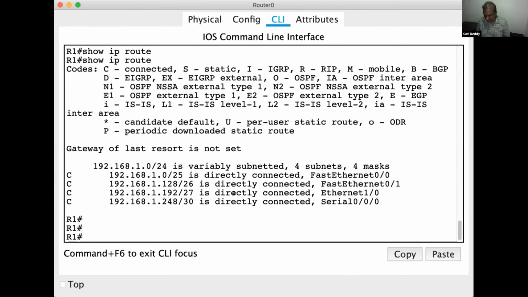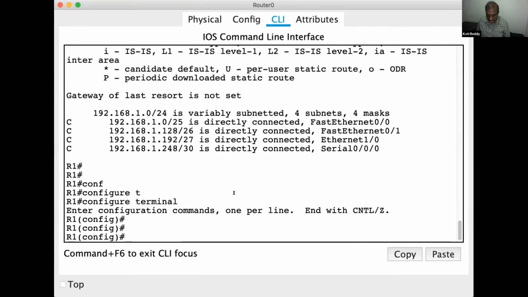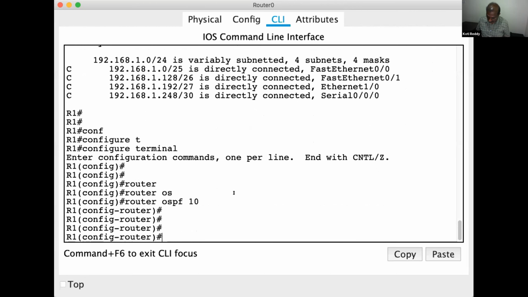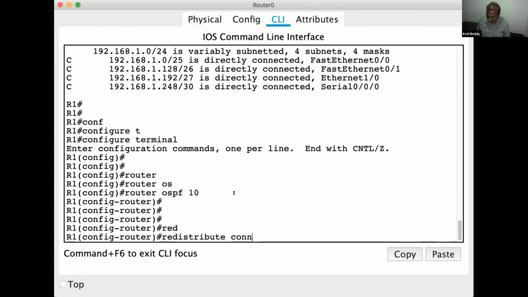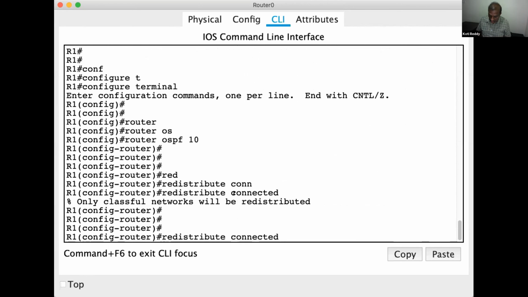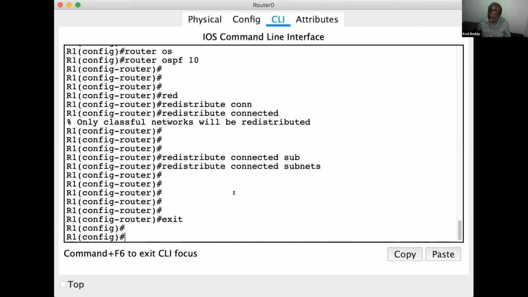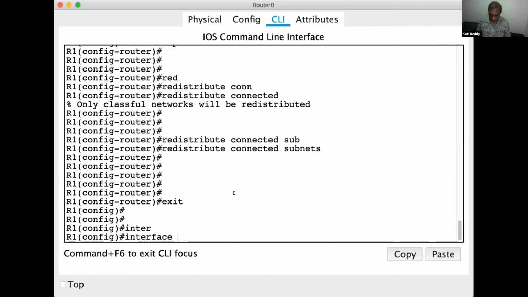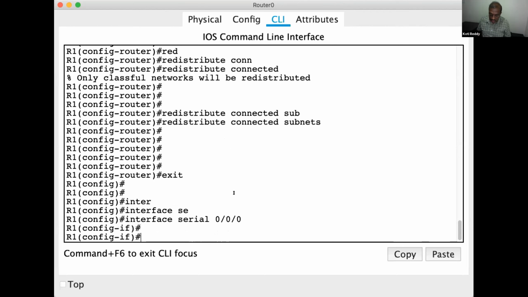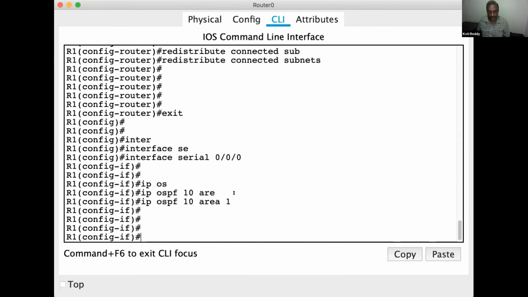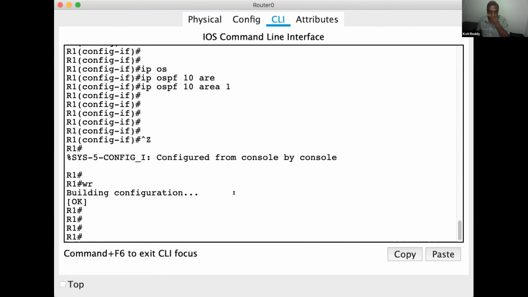Now we should enable OSPF. I say configure terminal, router ospf 10. Redistribute the connected network IDs, so connected along with subnets. I say exit, interface serial 0/0/0, ip ospf 10 area 1. Now I go to the R2 router and see whether all the routes have already come or not.